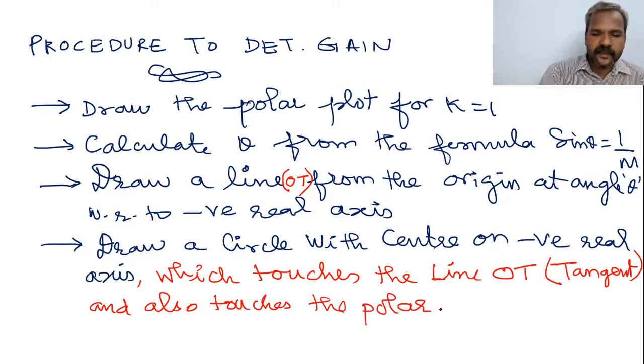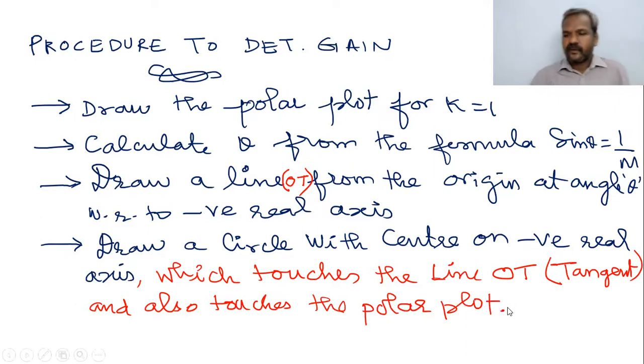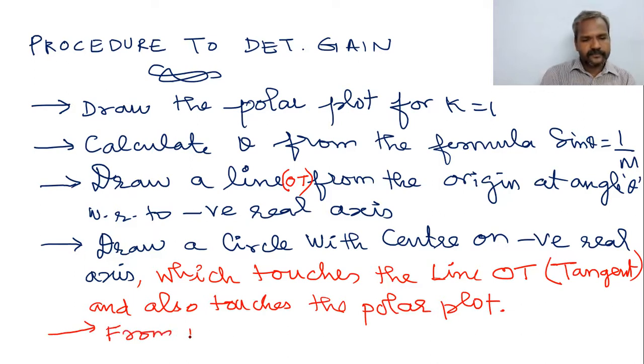Step by step, polar plot. So this is the next step. From the touching point C, the tangent touches the polar plot.